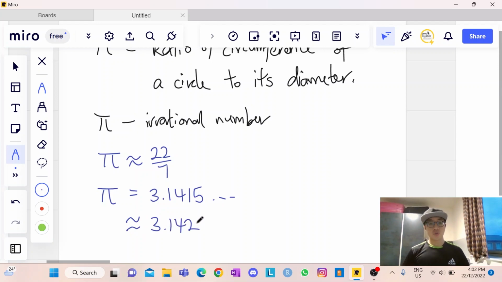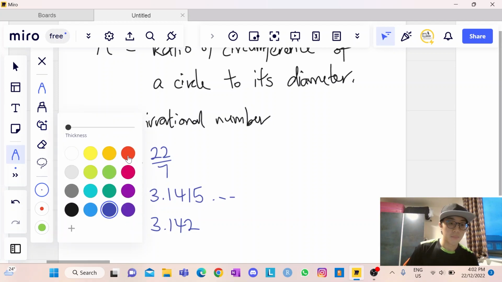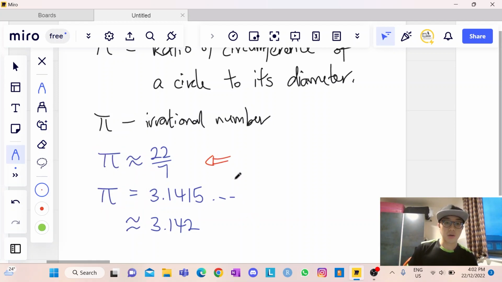So 3.142, 3.14, and 22/7 are the more usual ones that we're going to use in calculations, depending on whether your question states that you need to use a specific one. But usually in mathematics, I remember this one is the one that they usually want you to use, and maybe this one. These two are the more popular ones. This is an important one, pi, because you're going to see a lot of pi.